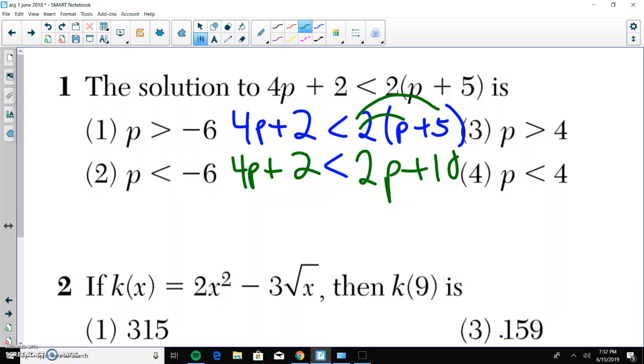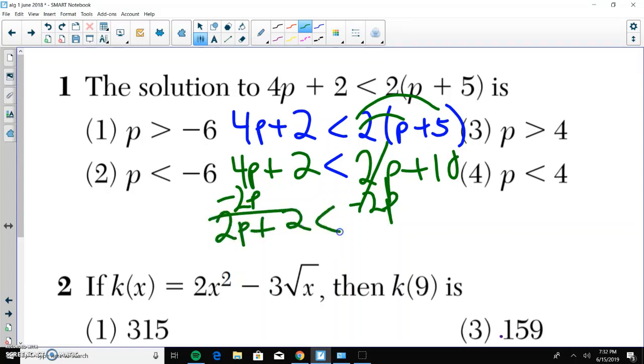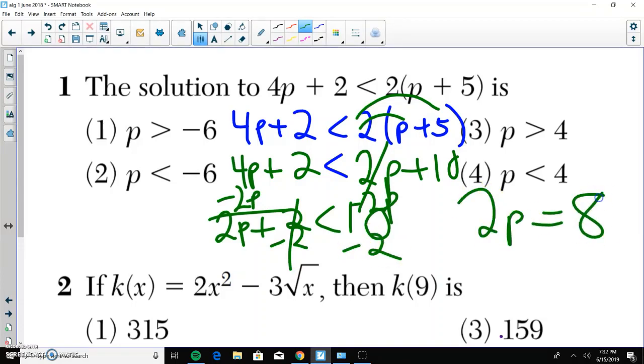And then we have to subtract the 2p's on this side, so there's only the variable on one side. So 2p plus 2 less than 10. So now we want to get p alone. So subtract 2, 2p equals 8.